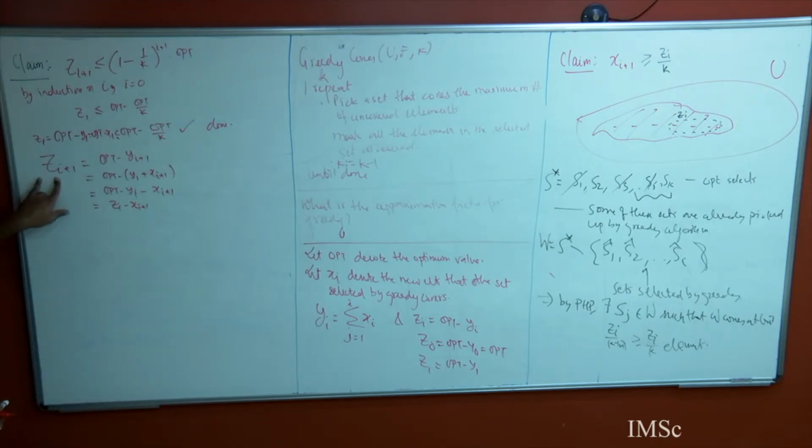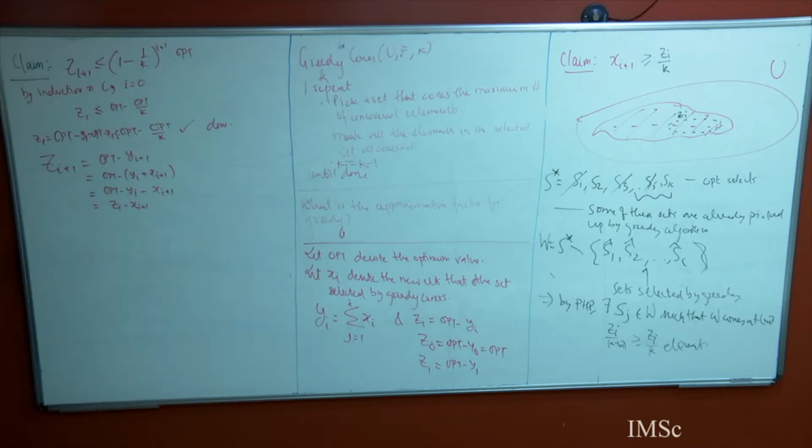So Zi plus 1 is exactly equal to Zi minus Xi plus 1, because Zi plus 1 is opt minus Yi plus 1, which is nothing but Yi plus Xi plus 1. So which is opt minus Yi minus Xi plus 1, which is Zi minus Xi plus 1. This is perfectly valid because up until now, how much was the difference? Now I have covered more elements, so this is fine.